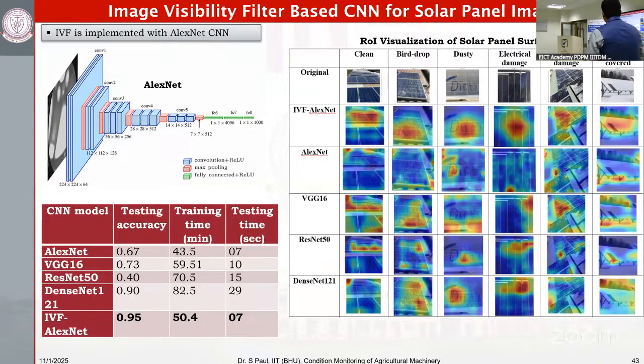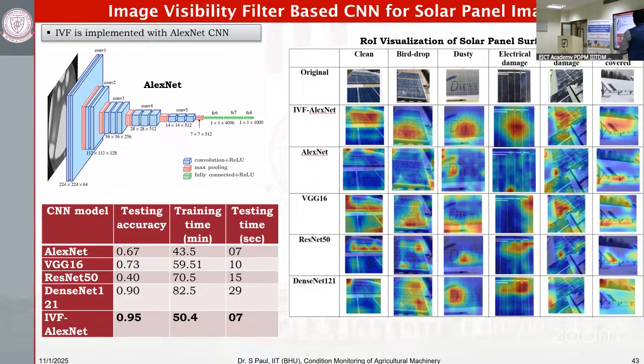So for normal AlexNet, where is that red? Let's say this is the solar panel with snow. Where is the red portion? It is on the ground. So it is learning from the ground. That's why it got 67% accuracy, because it is recognizing an image by looking at the ground, not even at the panel itself.